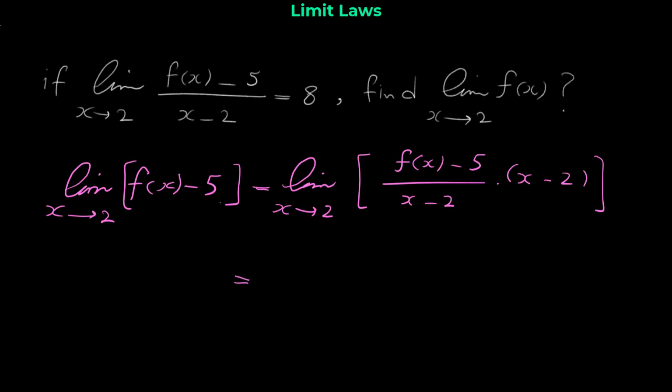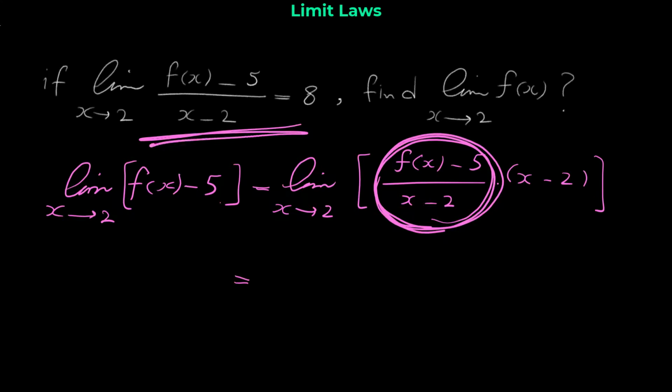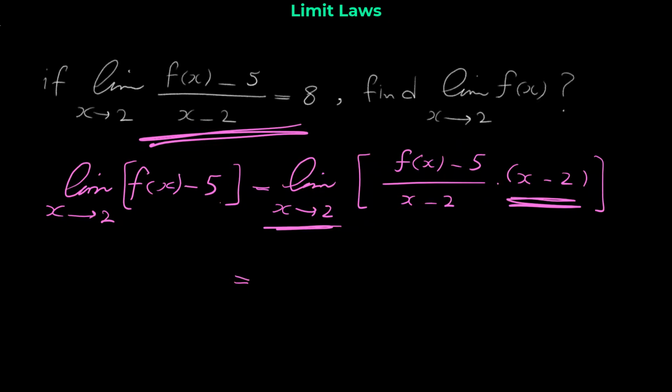Now attention, the limit of this part of the expression exists as x approaches 2, based on the given information. And of course, the limit of x minus 2 as x approaches 2 exists. It is 2 minus 2, which is 0. So this limit exists and this limit exists. And based on the limit laws, here is the part where I am using limit laws.